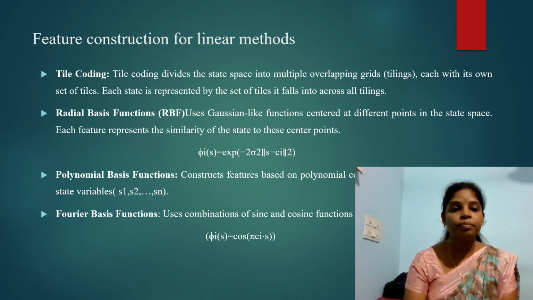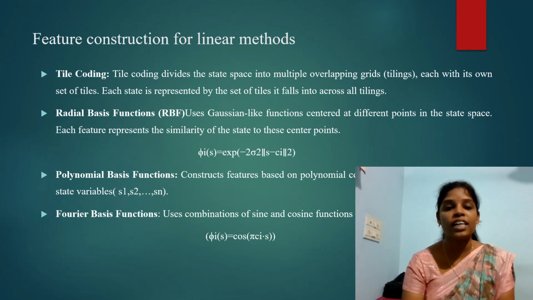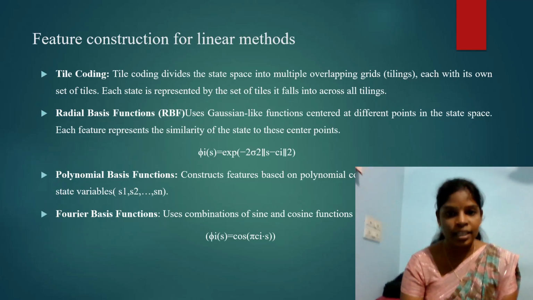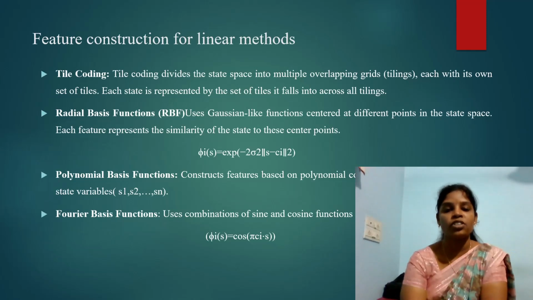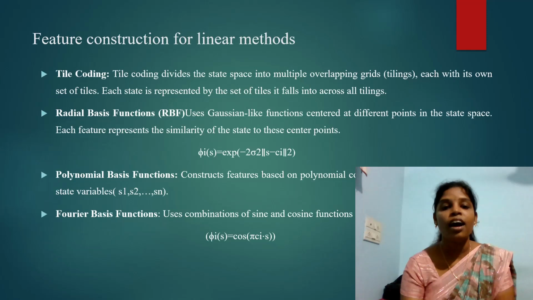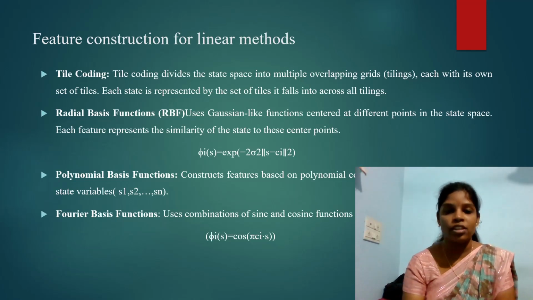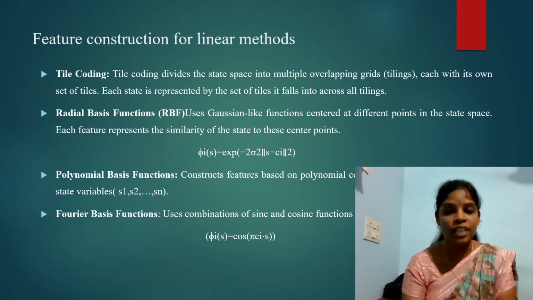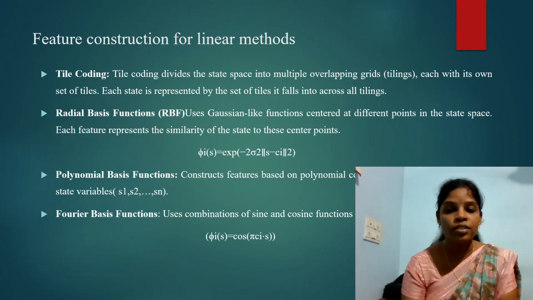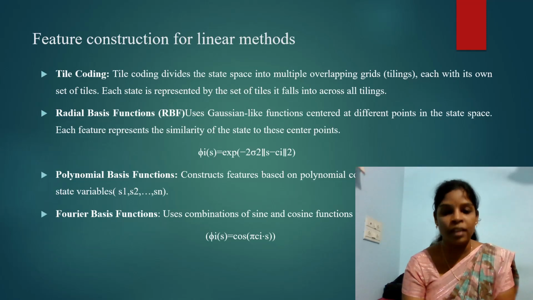The polynomial basis function is a feature construction based on polynomial combinations of the state variables S1, S2, up to Sn. Next, the Fourier basis function means combinations of sine and cosine functions to represent the state space.